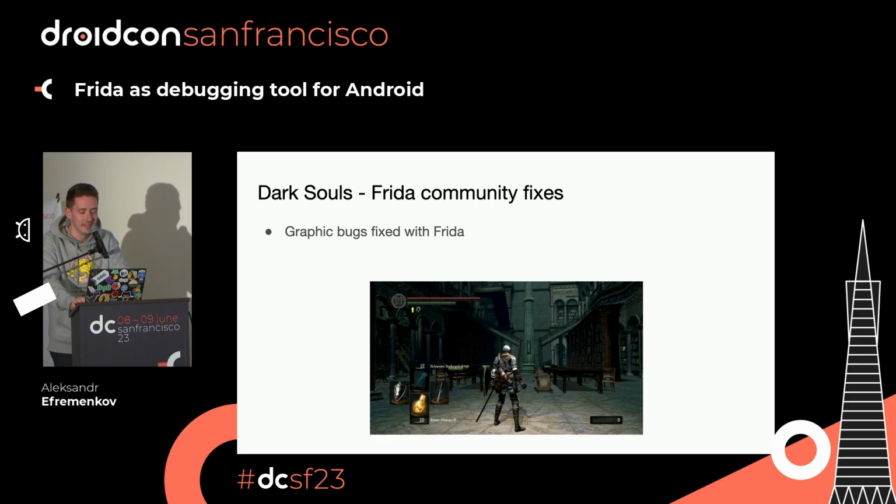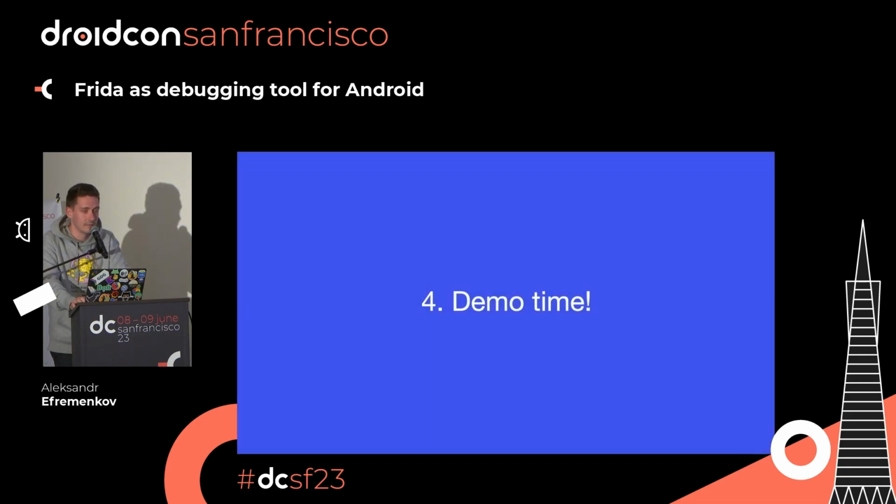So yeah, that was funny, but the first fixes came not from the original developers, but from the community. And the 60 FPS version was created by the community as well. It was patched by Frida and upscaled in frame rate. So those are the fun facts about Frida, and yeah, it's demo time.